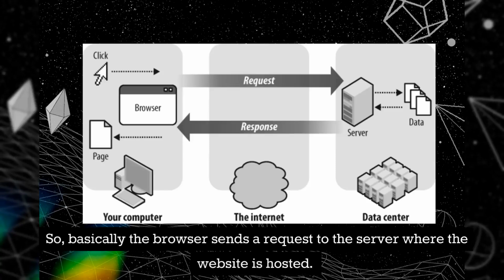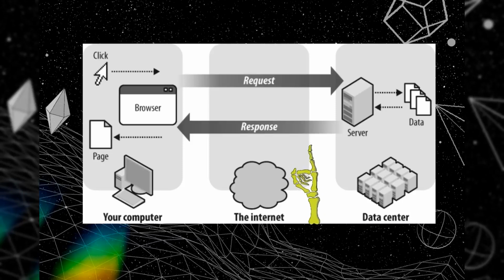So basically, the browser sends a request to the server where the website is hosted. The server then processes this request and sends back the files that make up the website. So usually HTML, CSS, and JavaScript files.